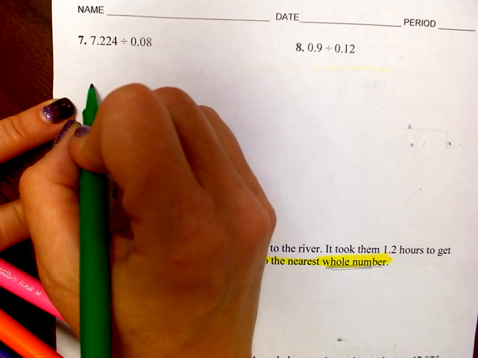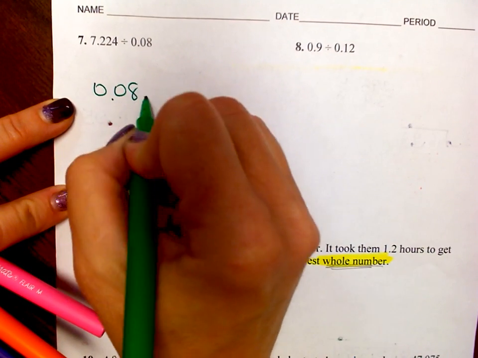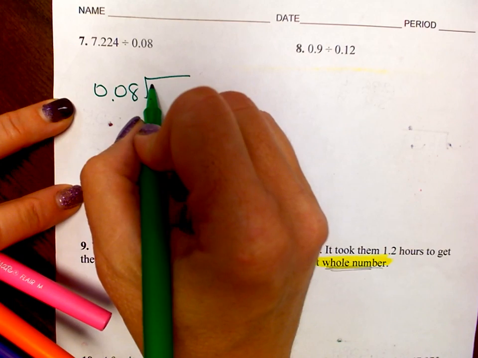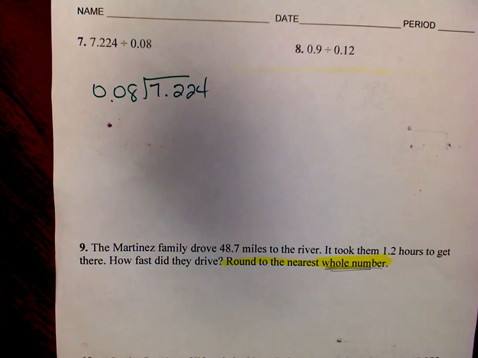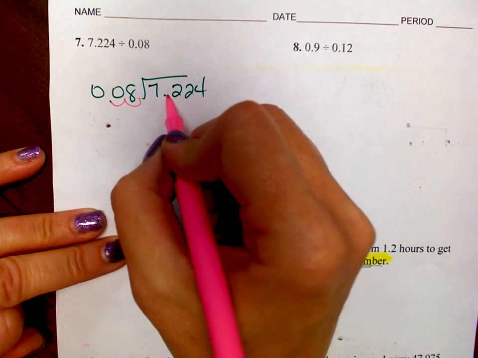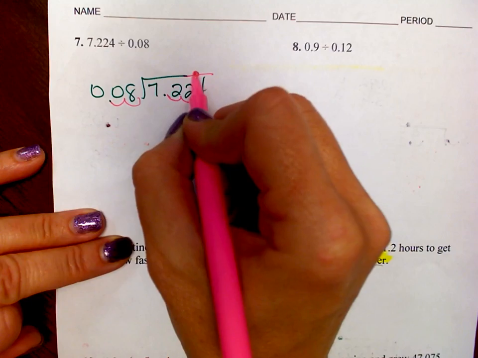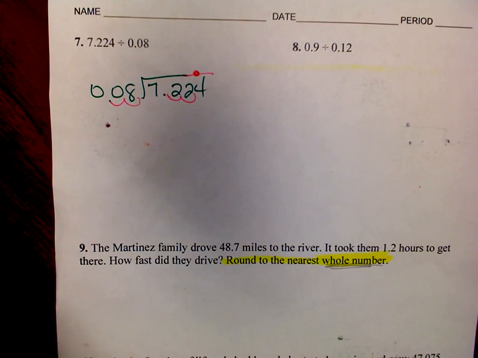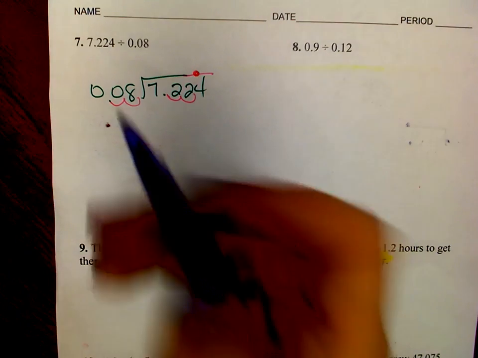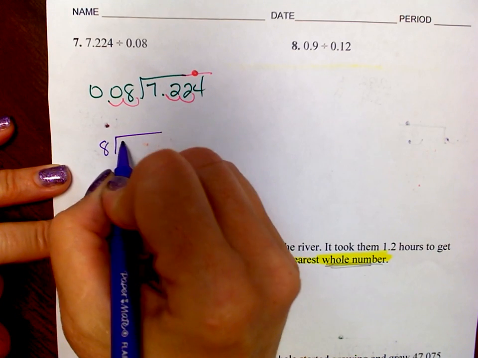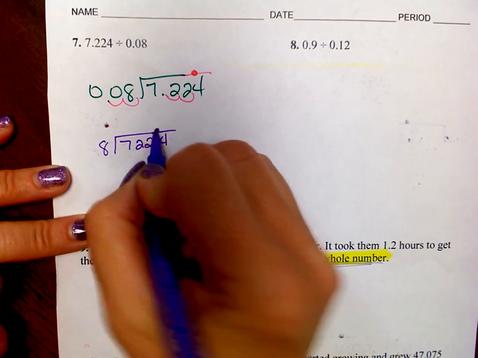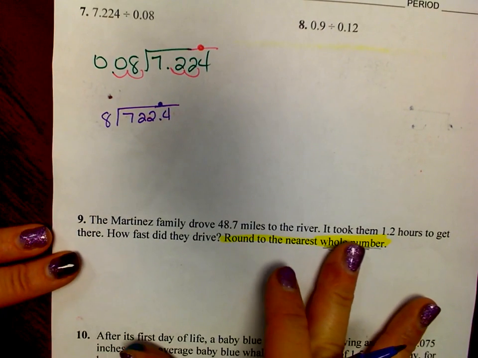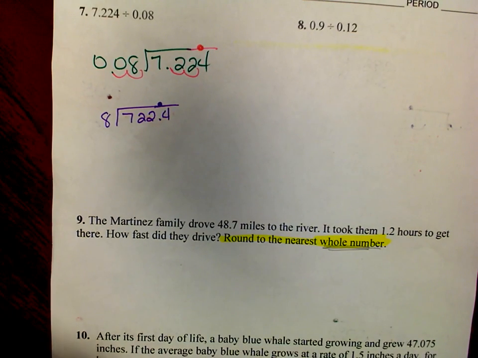So I have 0.08 dividing 7.224. First thing you need to do is move your decimal. Okay, and again, I'm going to rewrite it. Just makes it look a little easier.